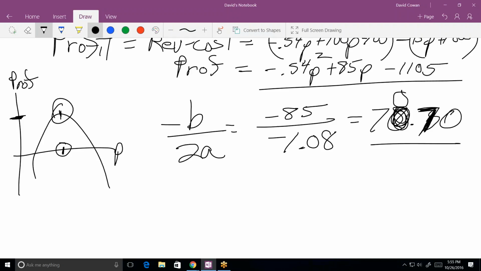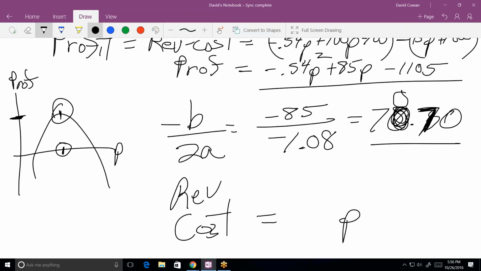Okay, that makes sense. And as far as which axis is which, if you have something on the left, like revenue or cost, and it's equal to a quadratic in P, well then clearly that's the horizontal, that's the vertical.